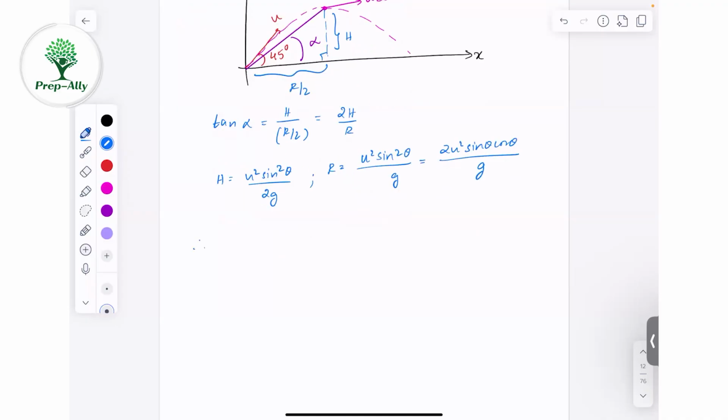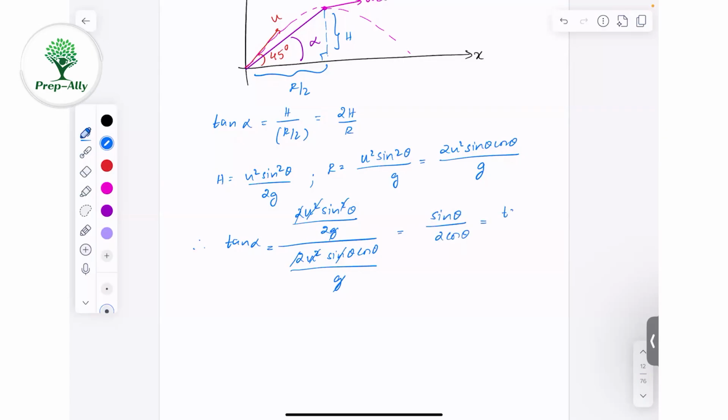Then tan alpha is going to be u square sine square theta by 2g divided by 2u square sine theta cos theta by g. This g gets cancelled, u square gets cancelled, 2 gets cancelled, one sine term also gets cancelled. And we are left with sine theta by 2 cos theta.